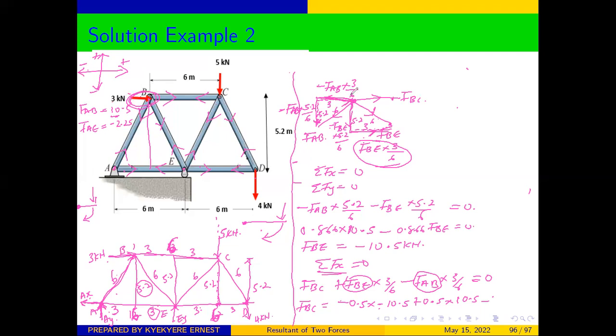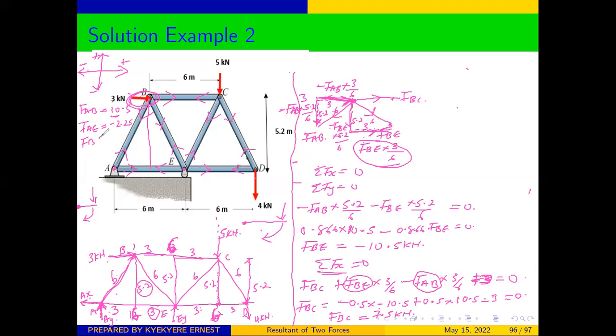It was 3 moving in that direction. Sorry for that. So it can be indicated here. Therefore, we can add our 3 here. It's moving to the right, so plus 3 will be equal to 0, and this one will be minus 3 equal to 0. And from there, our FBC will be equal to 7.5 kilonewtons.